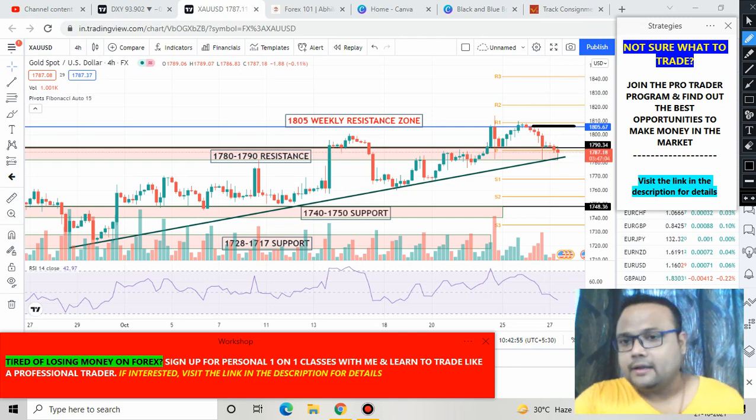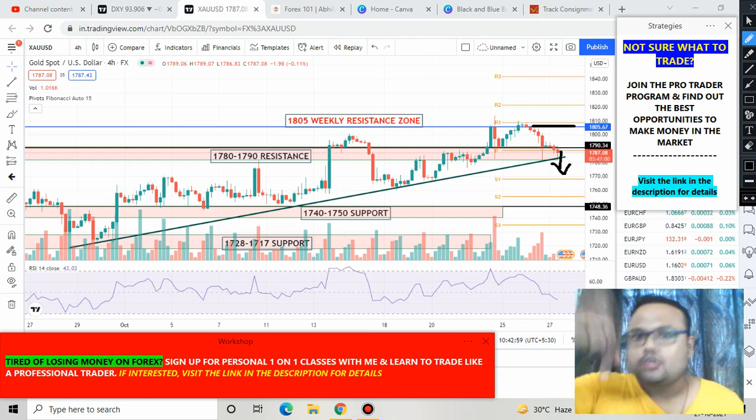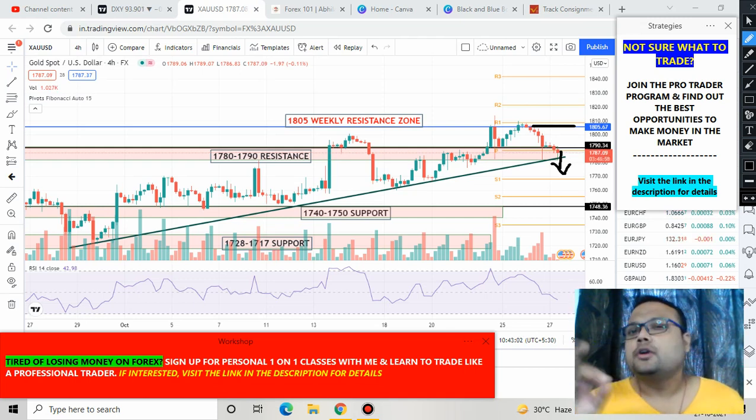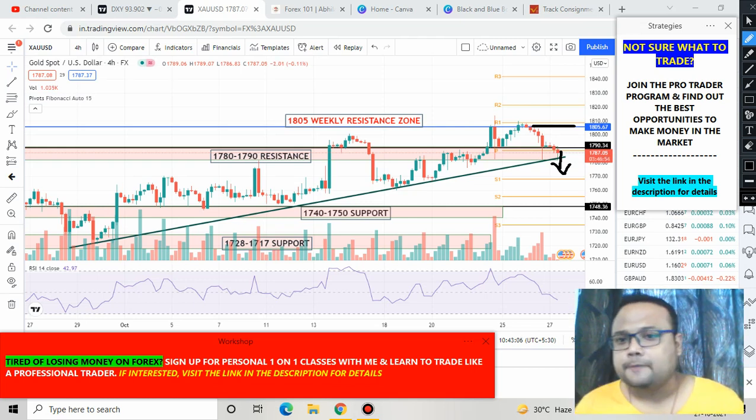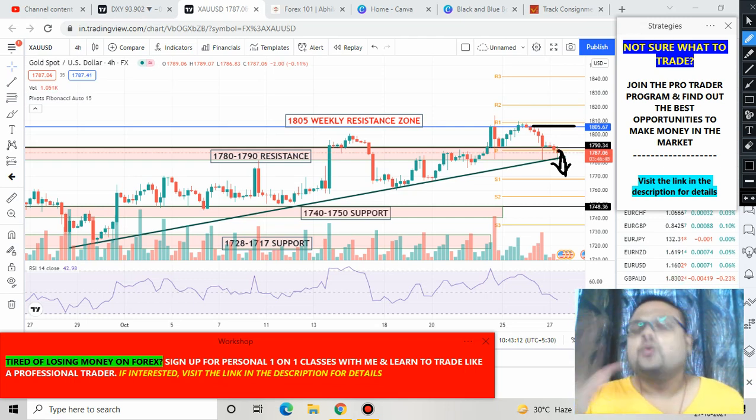On the other hand, if gold breaks the trend line and starts trading below it or starts going down, then do not short the market, because you can see that the overall trend of the market is towards the upside. Even if gold breaks the trend line and starts going down, if you want to short the market, you can, but I will suggest beginners and new traders avoid gold for now.